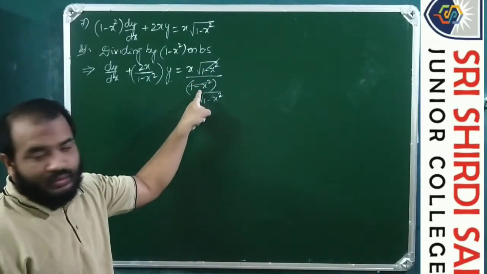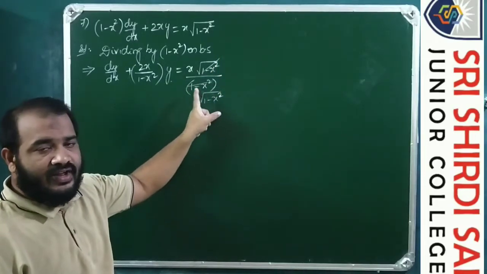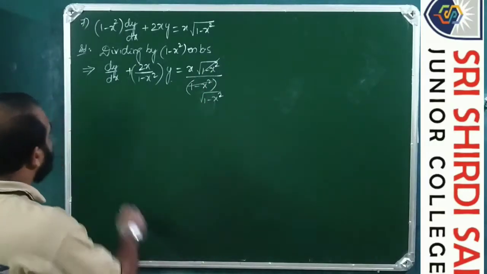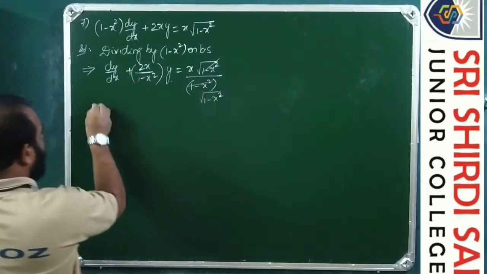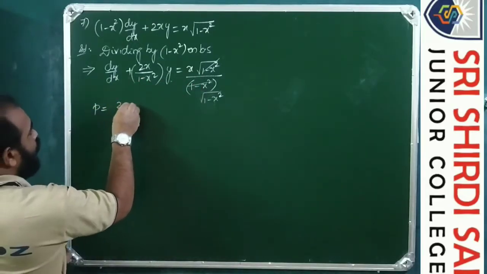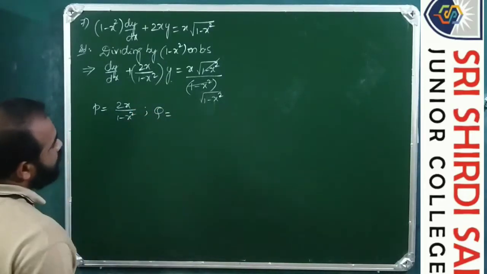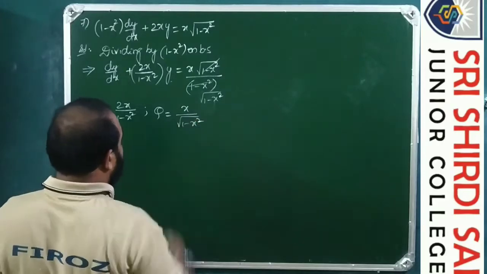Root 2 by 2: 2 can be written as root 2 into root 2, so root 2 gets cancelled. We are left with root of 1 minus x square. So this is in the form dy by dx plus Py equals Q, where P equals 2x by (1 minus x square) and Q equals x by root of (1 minus x square).